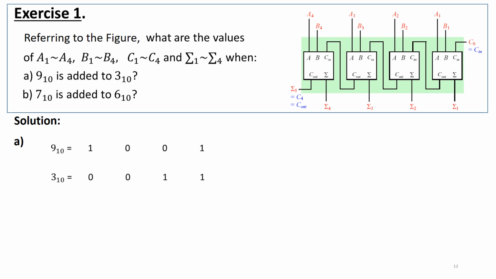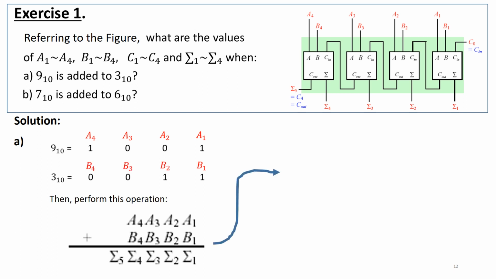So let's look at A. 9 in binary is 1001, and the 1 shown here is the LSB, which is A1, then A2, A3, and the MSB is the value 1, regarded as A4. And for the number 3, in binary it is 0011, in which this is B1, and this is B2, and the MSB is 0.